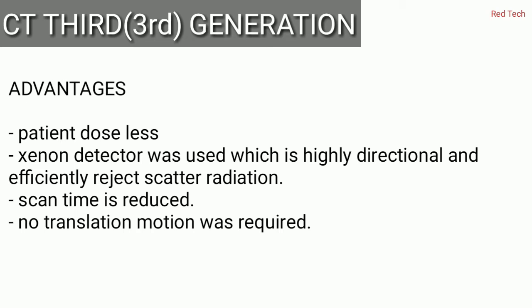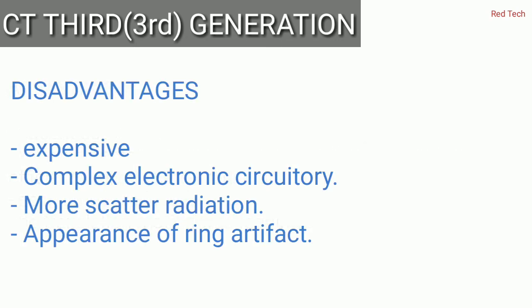And in this, no translation motion was required because a rotate fan beam is used, but in the previous generation we used a translate-rotate system. In this, only a rotate system is used, so there is no translation motion. So the point to remember is that xenon detectors were used, which are highly directional and reduce scatter radiation. Now look at the disadvantages.